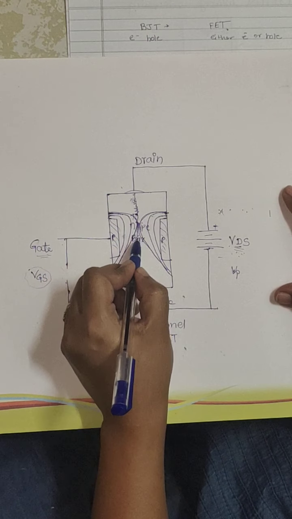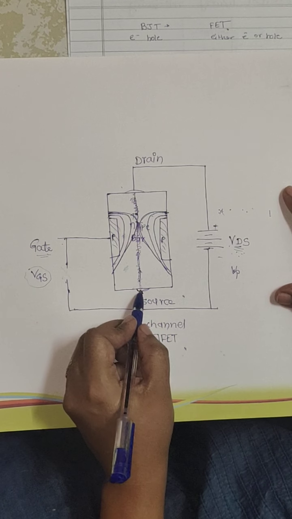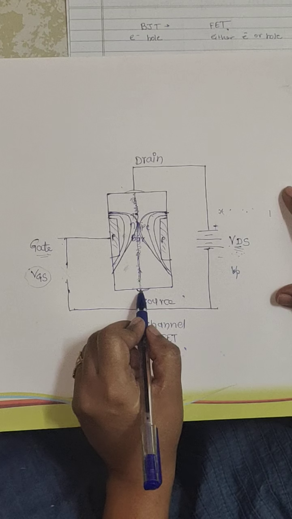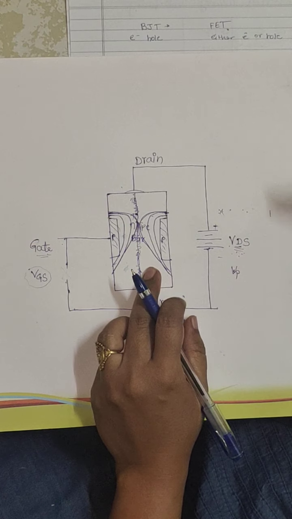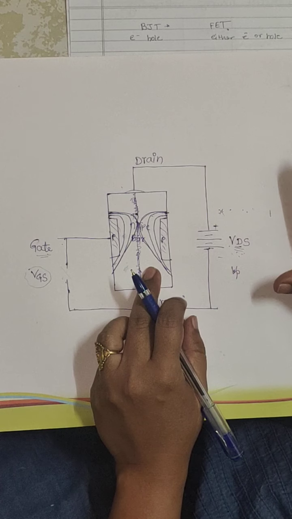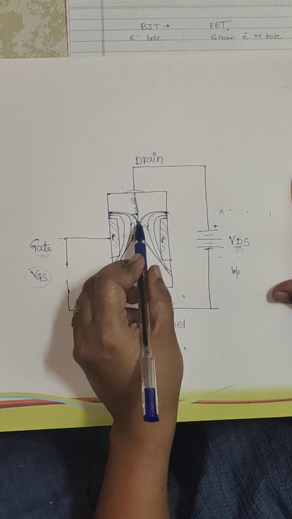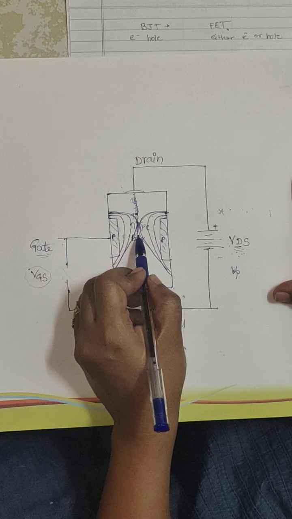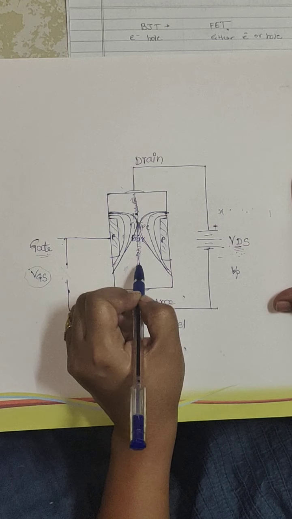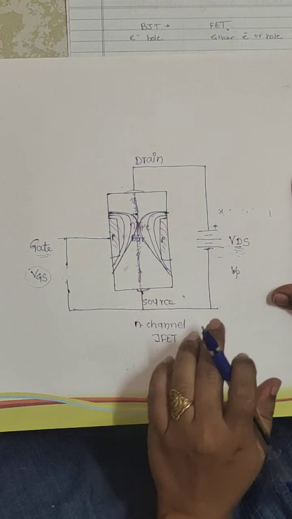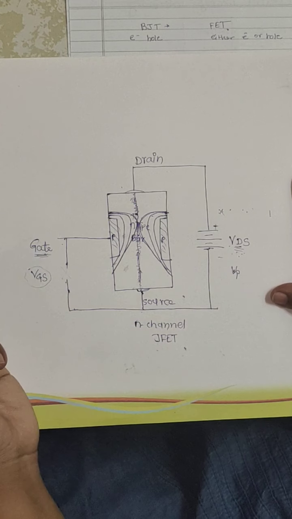A constant current, the saturation current, flows in this bar, and it operates in the saturation region. Since the channel is blocked, the current does not increase. A constant current will flow from this JFET. This is the working in the absence of the gate.